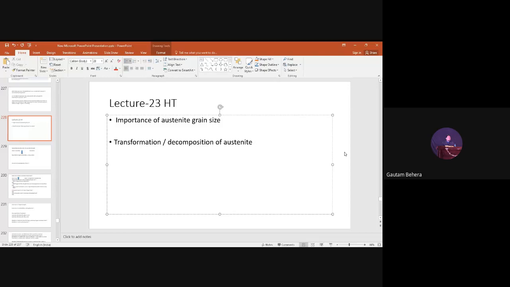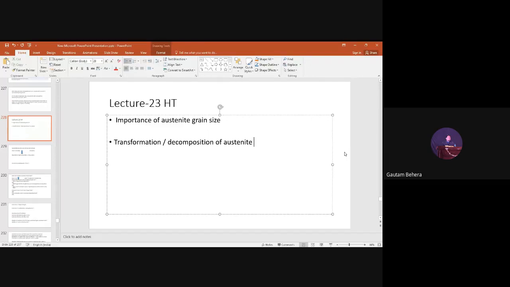We took an example of a eutectoid steel which has pearlite, and heating the steel above the eutectoid temperature, we get the austenite phase. That means the pearlite gets transformed into austenite.